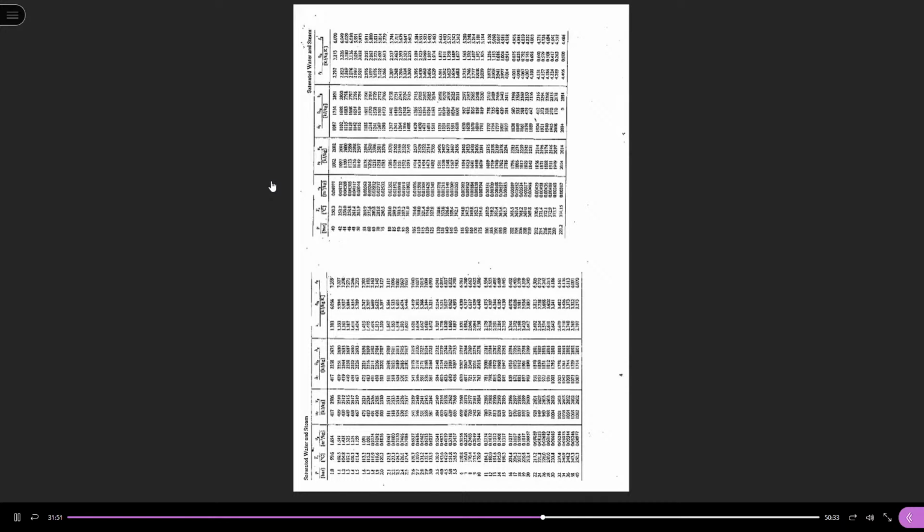Okay, 7 bar is here. We can get all the data here. So we can see for 7 bar, the saturation temperature is 165.